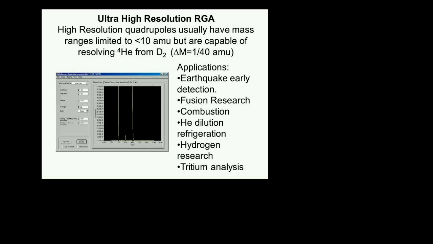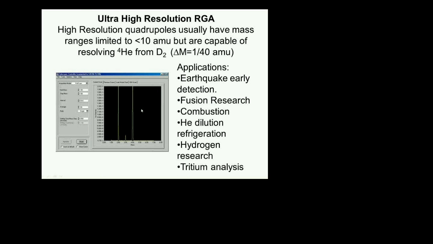They are operating in what's called the second stability region of the mass spectrometer. And these devices, if done properly, you can actually see right here in this little black screen, this is mass 1, 2, 3, 4. They can actually completely resolve the peaks here with a resolution of 1/40th of an AMU. What this means is that this mass spectrometer, configured this way, for example, can resolve helium-4 from deuterium.